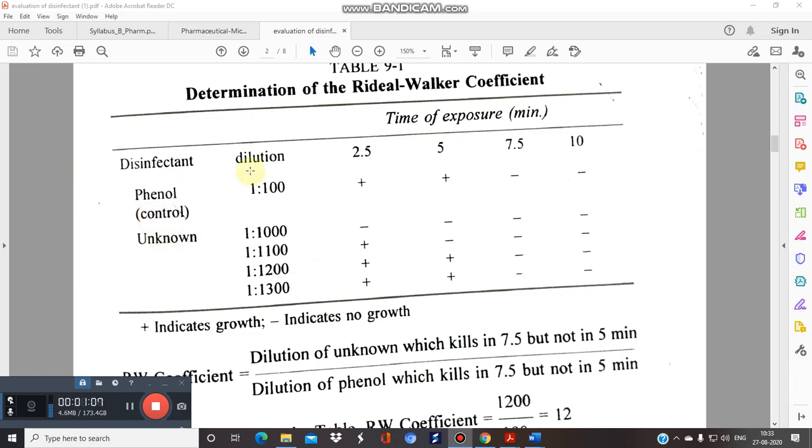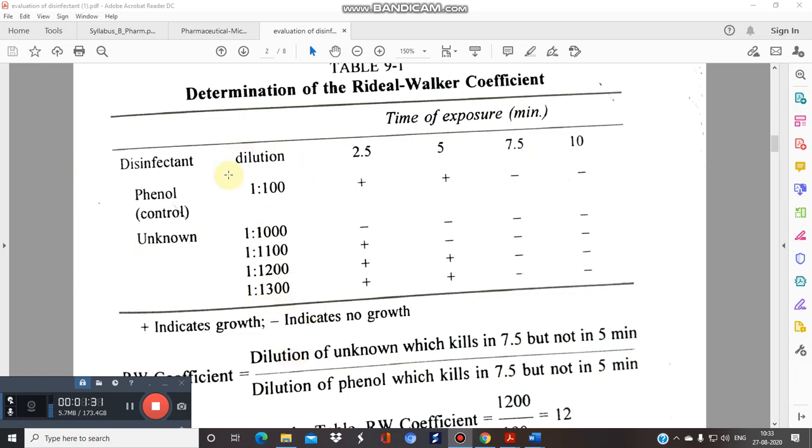We will take dilutions of our disinfectant as well as of phenol. Suppose in this table the phenol is diluted 1:100 times, whereas the test disinfectant is diluted 1:1000, 1100, 1200, 1300, etc.